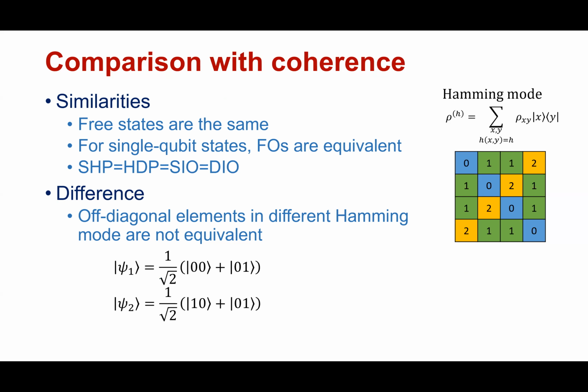Let's take an easier example. Here, psi 1 and psi 2 are usually considered to have the same coherence, but the Hamming distance between 0,0 and 0,1 is 1, and the Hamming distance between 1,0 and 0,1 is 2. So these two have different results in our resource theory.